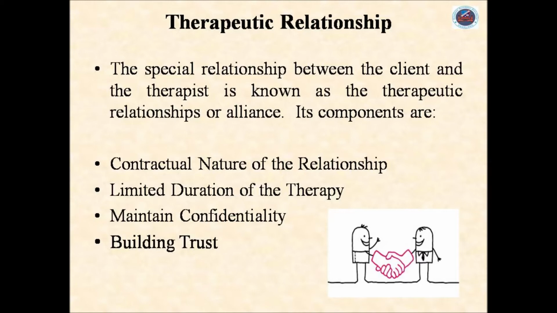Confidentiality is central to the development of trust between the client and the therapist. So all the things discussed in a session need to be kept confidential unless there is a compelling reason to break the confidentiality just for the benefit of the client. But most of the time, whatever is discussed in the session is kept confidential.